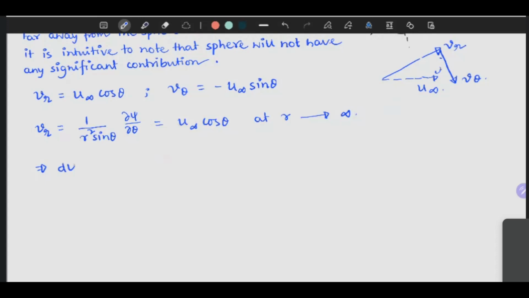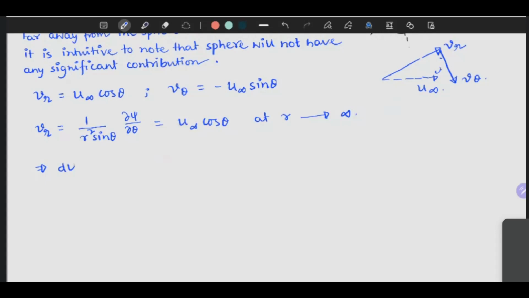Similarly, V theta is minus 1 by r sin theta delta psi delta r, which is equal to minus u infinity sin theta.